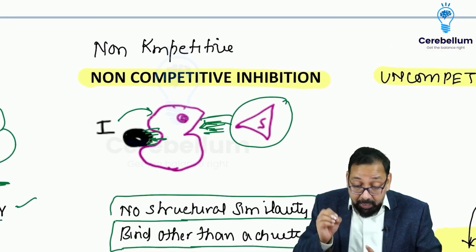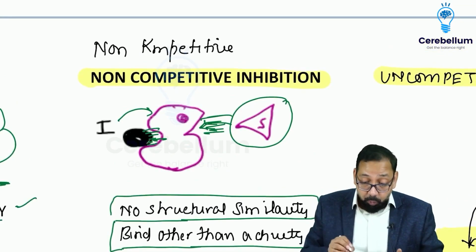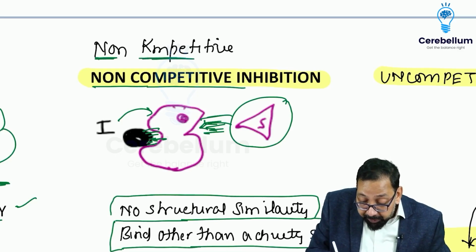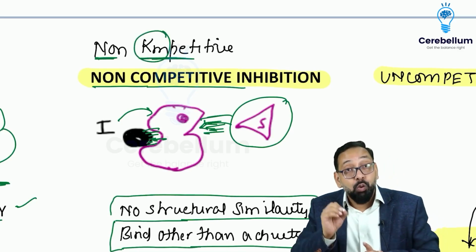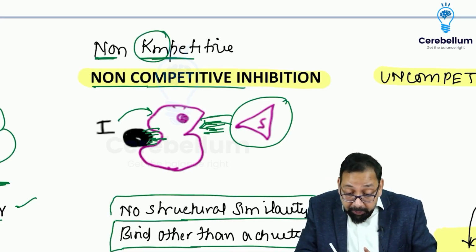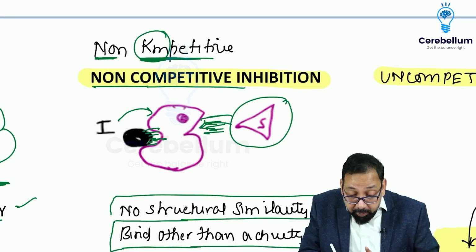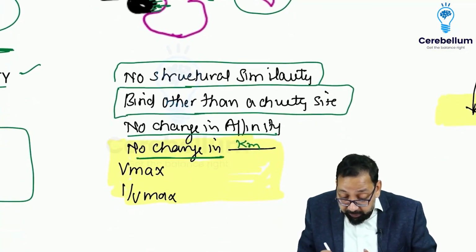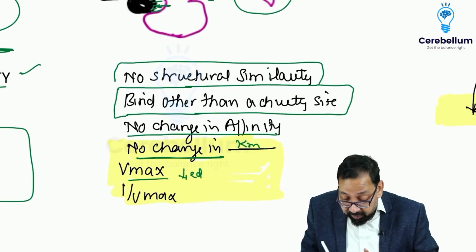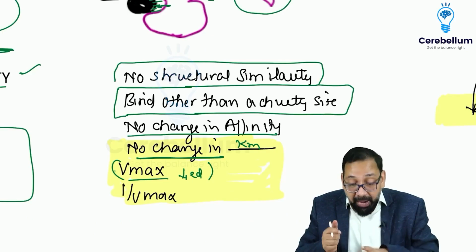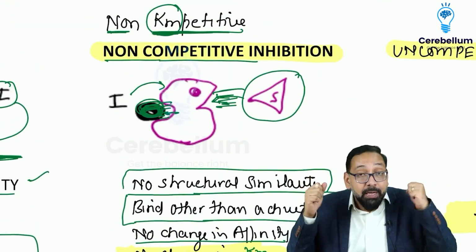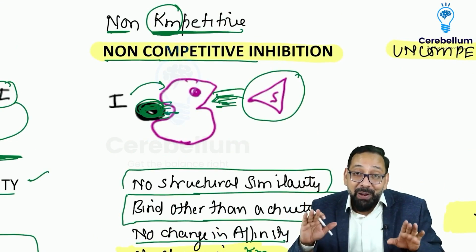So you can remember it very easily by mnemonic: non-competitive, no change in Km. So this is mnemonic. I pronounce Km competitive like this. So we found that no change in Km, Vmax is decreased. So suppose a person is running and now you give him this very heavy stone, then he would never achieve maximum velocity.